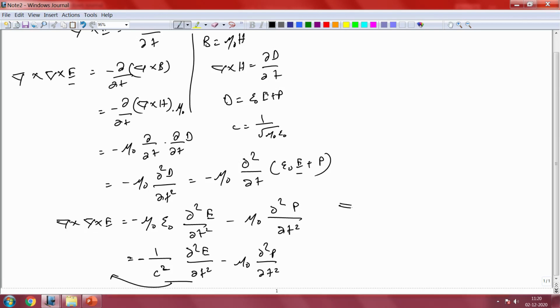So then you get del squared, let me first write it, del squared E plus 1 by c squared dou squared E over dou t squared. This is equal to minus mu naught dou squared P over dou t squared. Okay, so now this is a form of wave equation, all right.